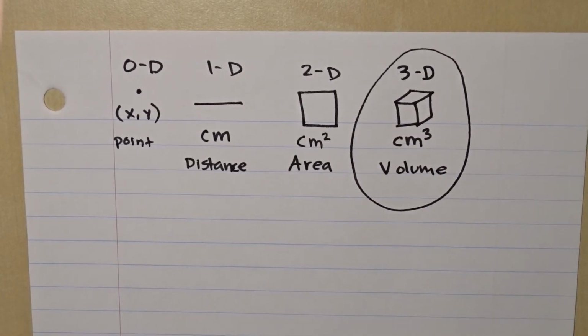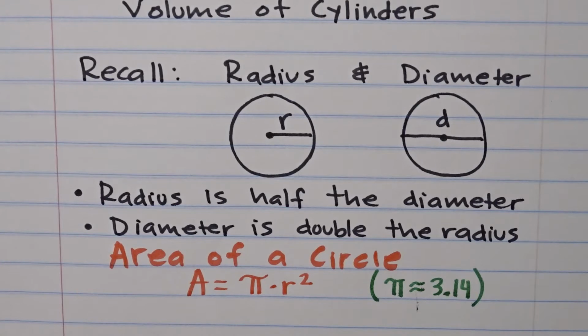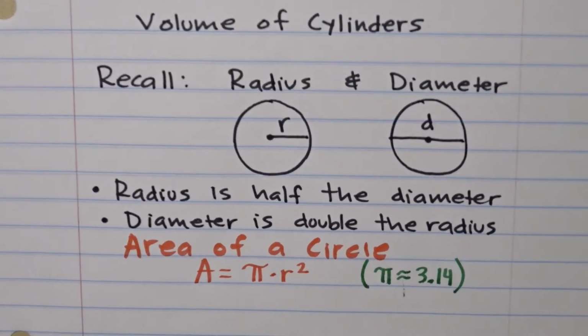So when you see that little 3 in the exponent, it doesn't mean you have to do a math calculation with it. You don't have to take anything to the third power. It's just letting me know that your units of measure are representing a volume quantity or volume amount. All right, so let me tell you the formula for volume of a cylinder.